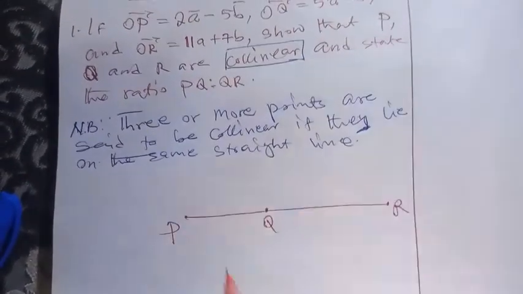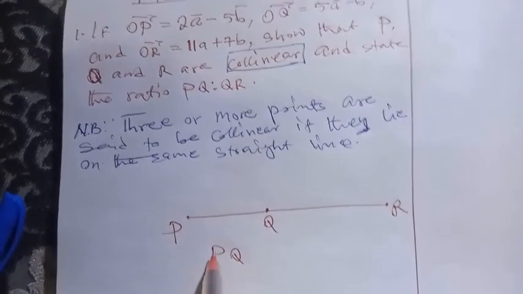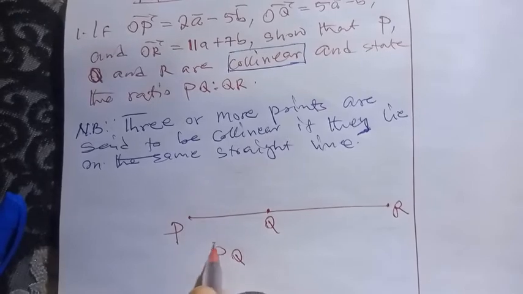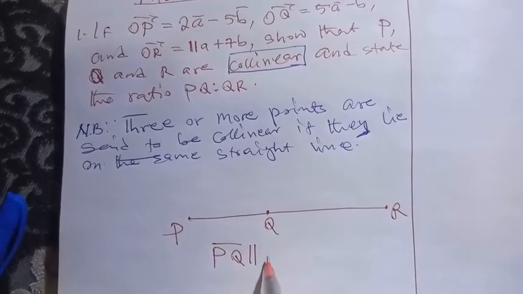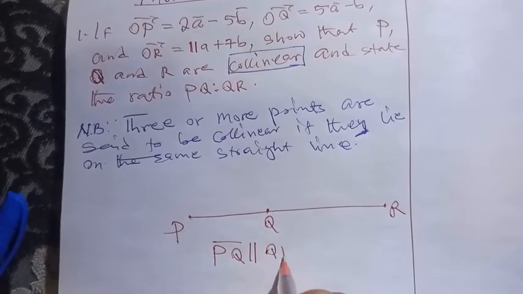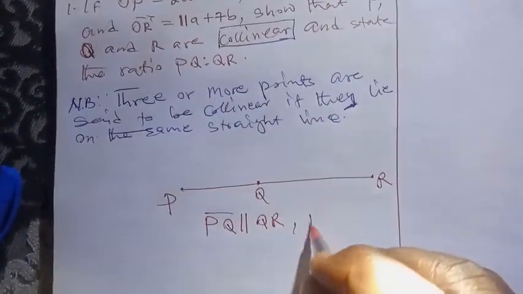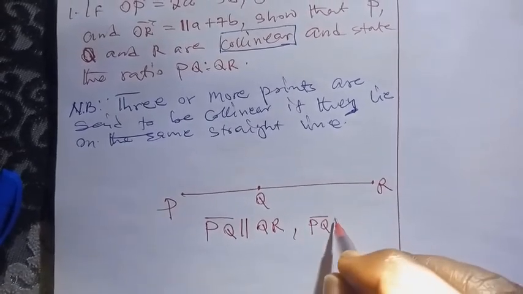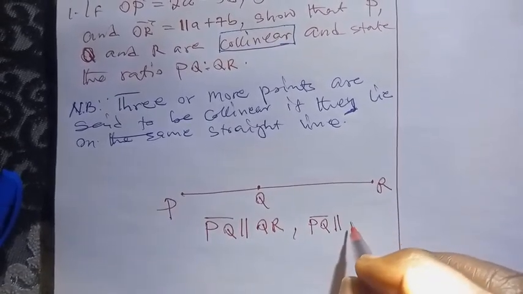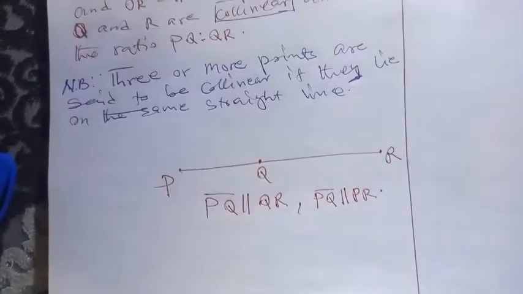You can see clearly that PQ makes up a line that is parallel to QR. Yes, they are parallel. And we can also say that PQ is parallel to PR. Yes, that's true.